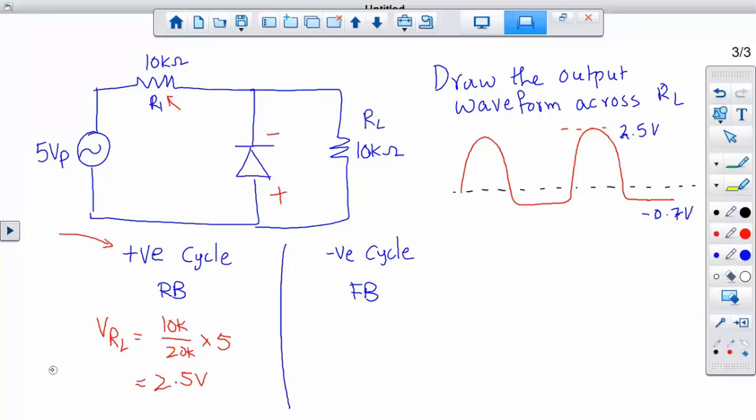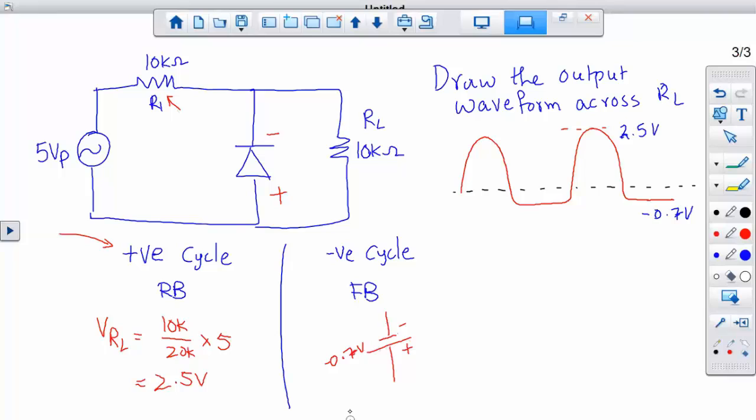So when you're dealing with forward bias, the diode will have 0.7, but look at the orientation of the diode, where the negative is on the top. So the effective voltage would be negative 0.7 volts because the negative is on the top.